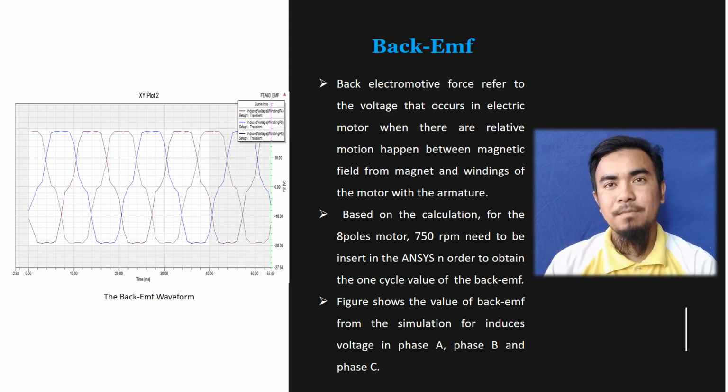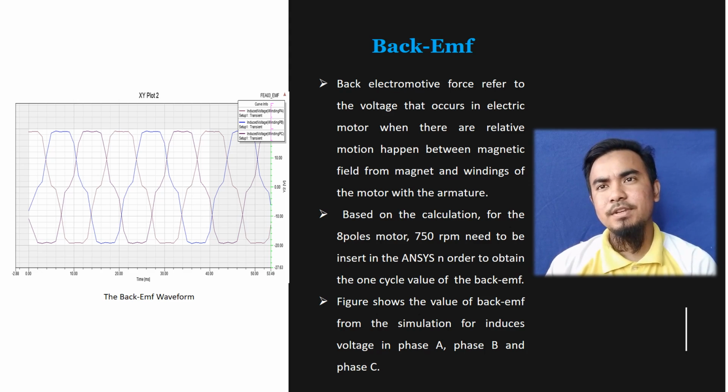Back EMF. Back electromotive force refers to the voltage that occurs in an electric motor when there is relative motion between the magnetic field from the magnet and the winding of the motor with the armature.